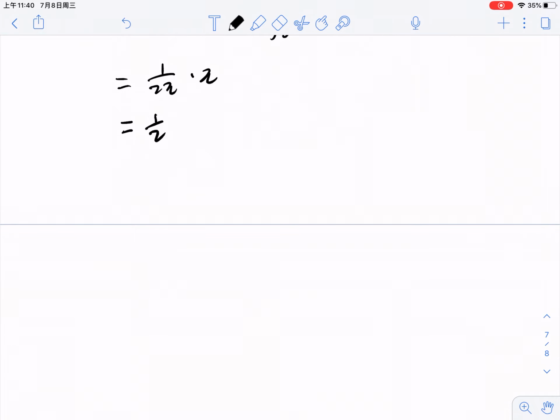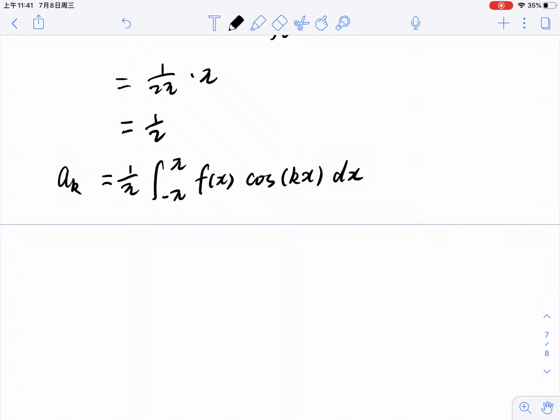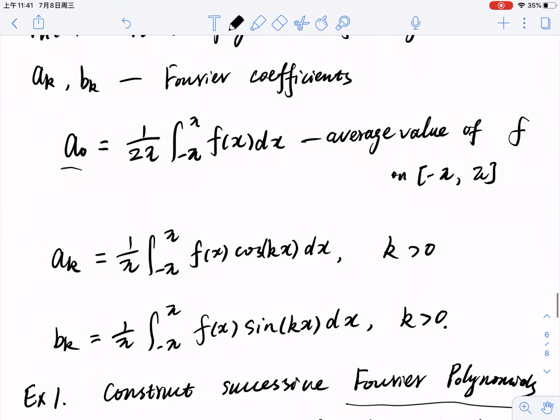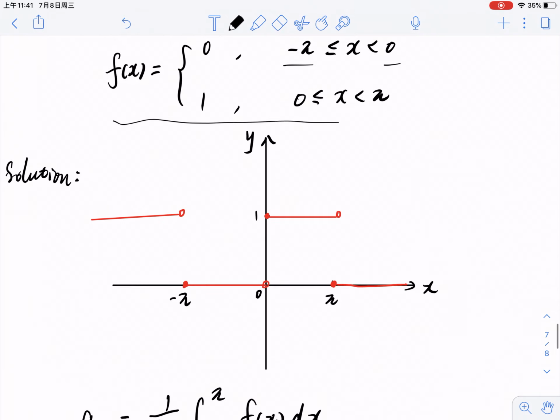So next we find ak, bk. ak is 1/pi times the integral from negative pi to pi of f(x) cosine kx dx. This is the formula for ak, and k is positive.